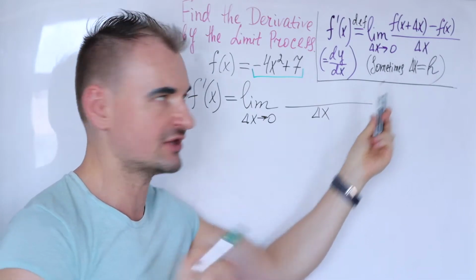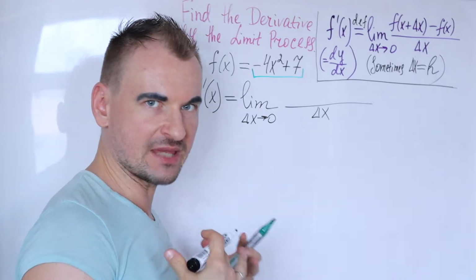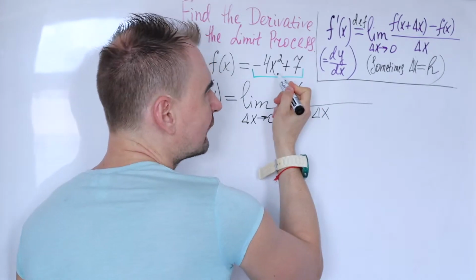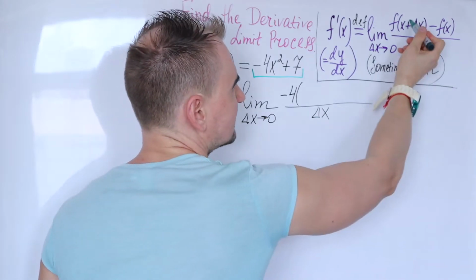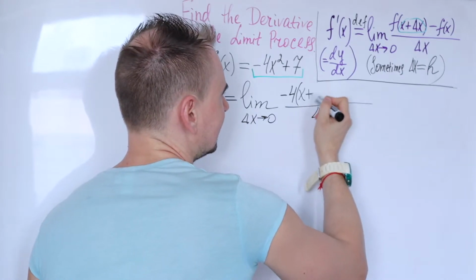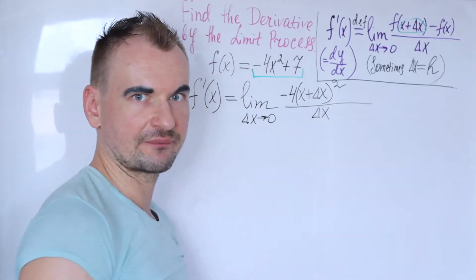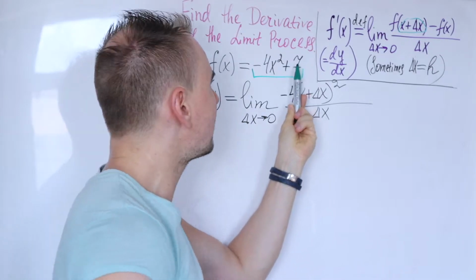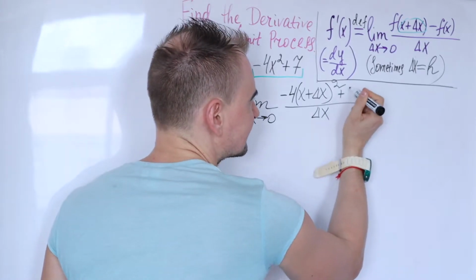Since we have negative 4, you have to keep it in front of your term, so negative 4. And instead of x, I'm going to write this whole expression, x plus delta x. And since we have a square, you have to keep it. And since we don't have any more terms, but you have this 7, this constant sticks out, so you have to keep this constant. So plus 7.